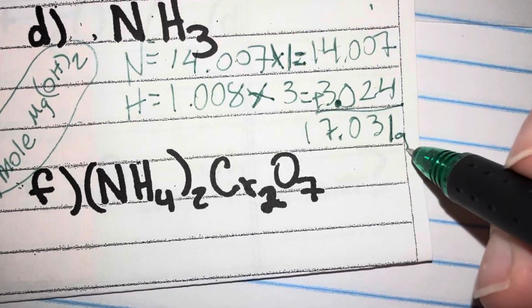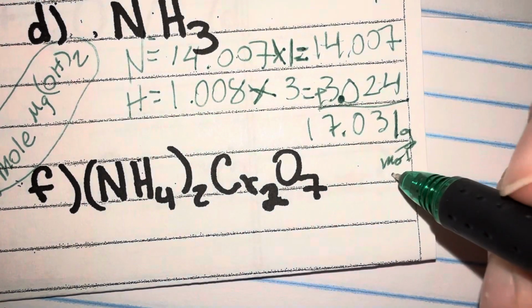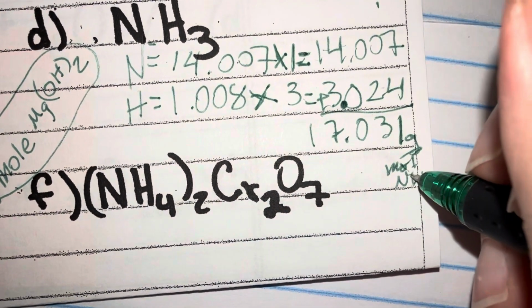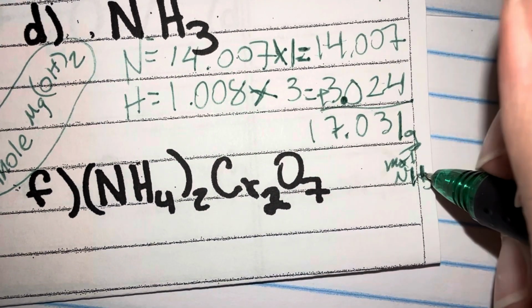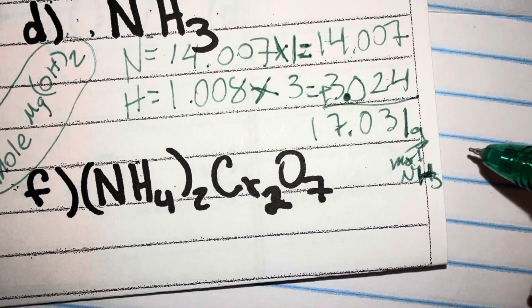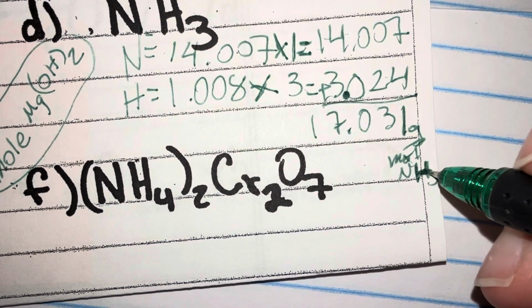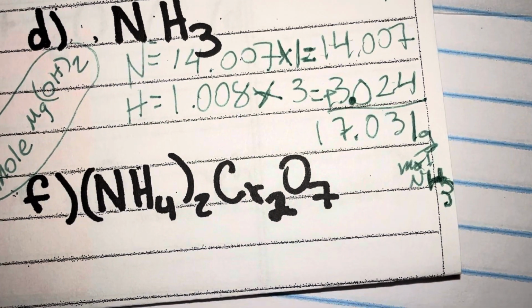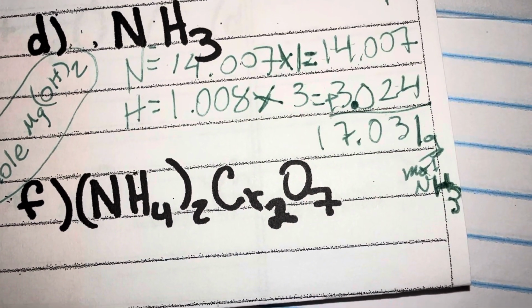And that's grams per mole NH3. That's a really bad NH3. Sorry about my messy handwriting. That's really nasty looking.